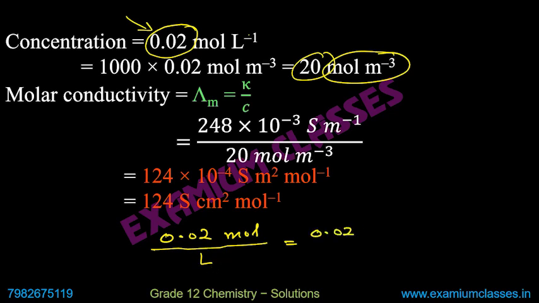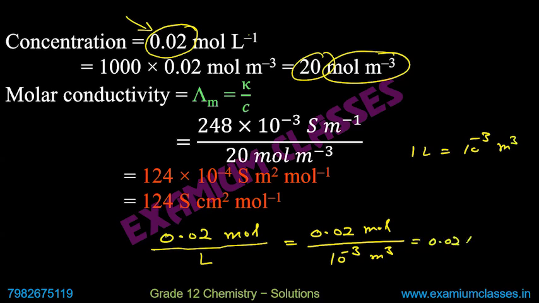So 0.02 mole, 1 liter is equal to 10 to the power minus 3 cubic meter. It means it will be 0.02 into 10 to the power 3. When this goes to the numerator, it is 10 to the power 3 mole per cubic meter. That is 20 mole per cubic meter. That's how we have converted this.